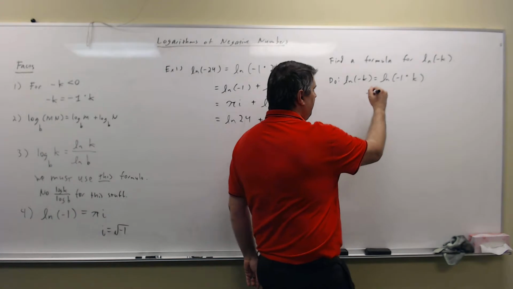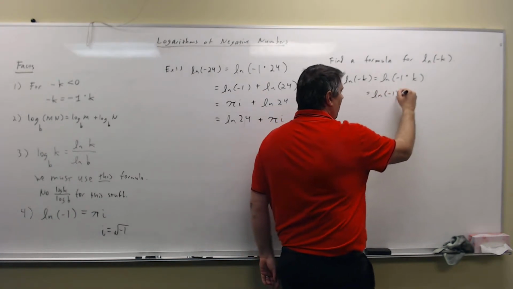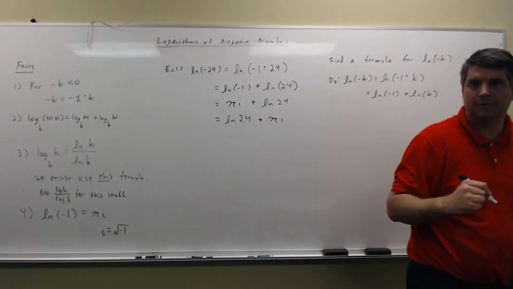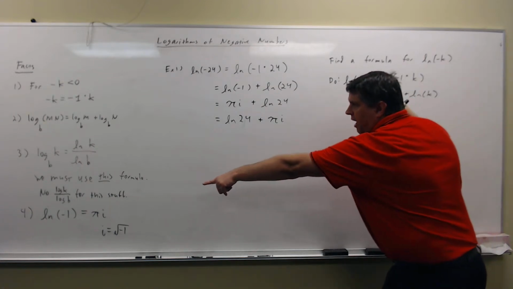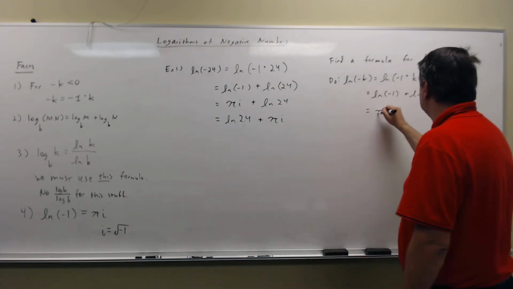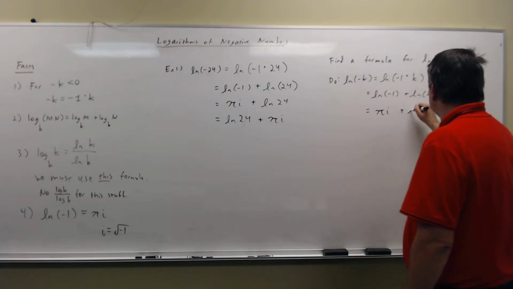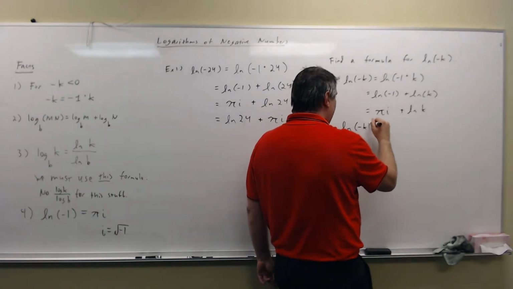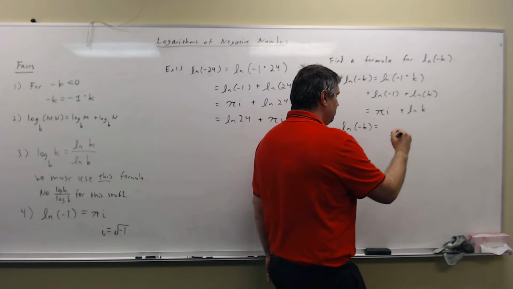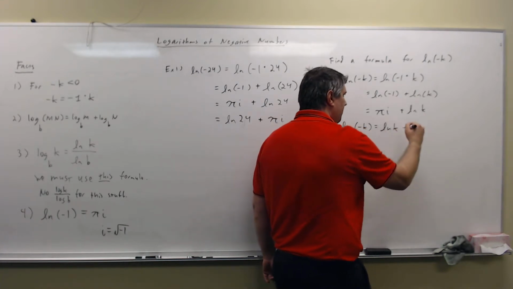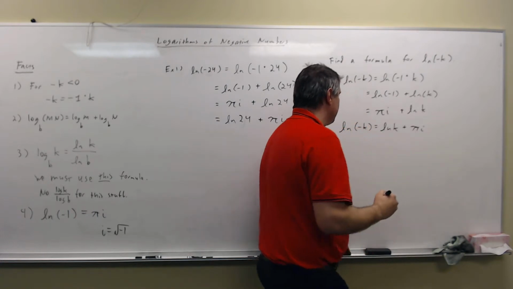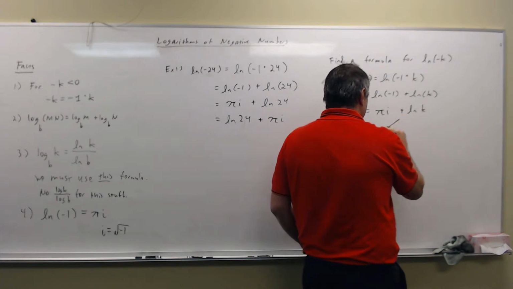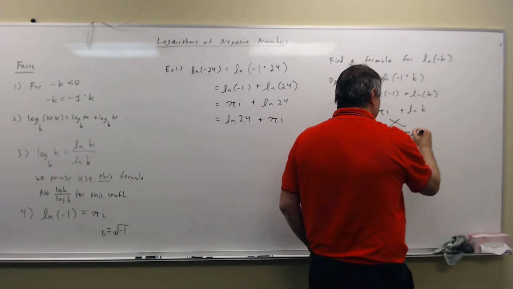And I could split this up into the natural log of negative 1 plus the natural log of k. The natural log of negative 1 is pi i, by definition, plus the natural log of k. So the natural log of negative k is equivalent to the natural log of positive k plus pi i. Like so.